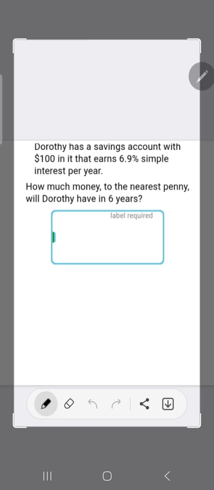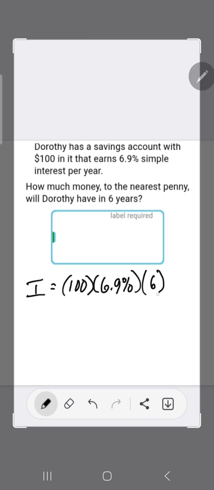So let's take a look at the last problem here. To find the interest, we're going to do the initial amount, 100, times 6.9% times 6 years. Keep in mind that when you hit 6.9% on your calculator, you want to make sure you're hitting that percent symbol on your calculator.